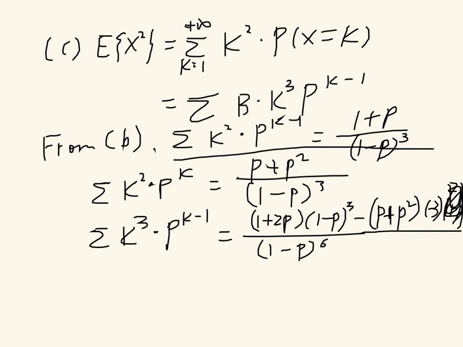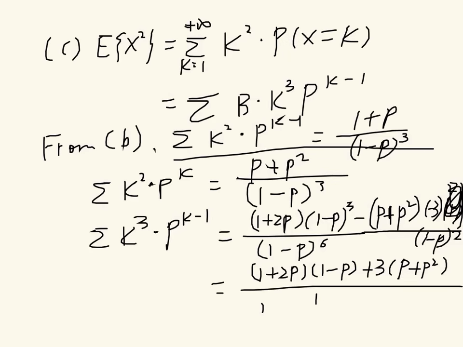This is 1 minus p squared, and this is equal to (1 plus 2p minus p, minus, plus 3p plus p squared) over (1 minus p) to the power 4.